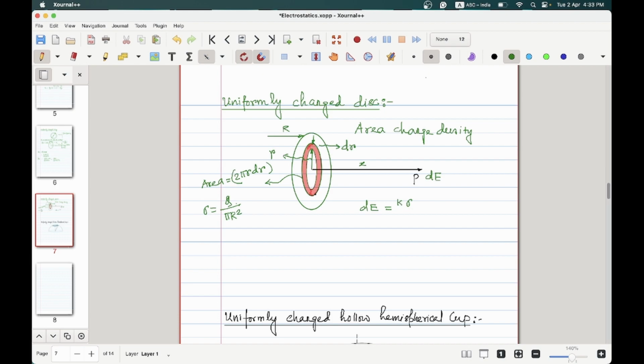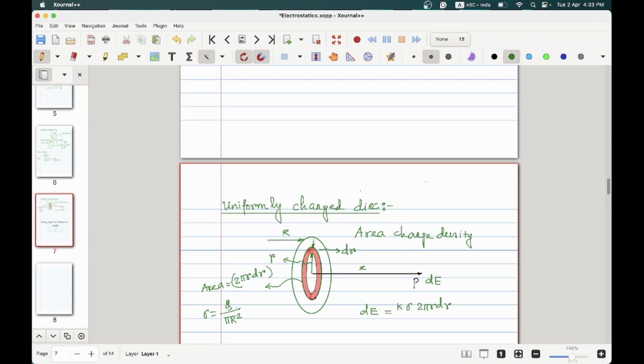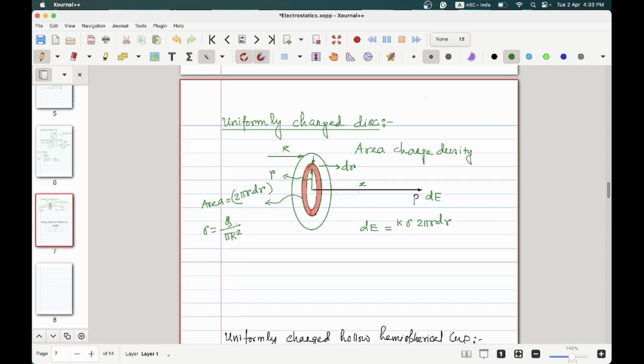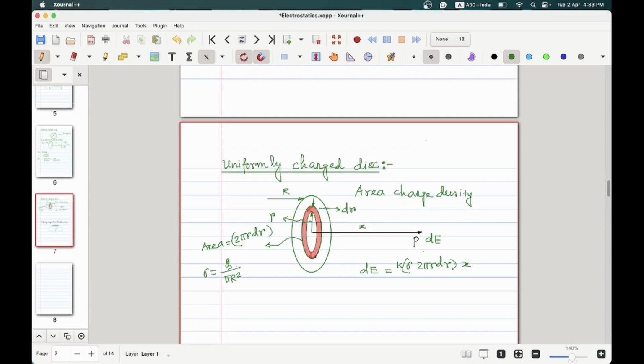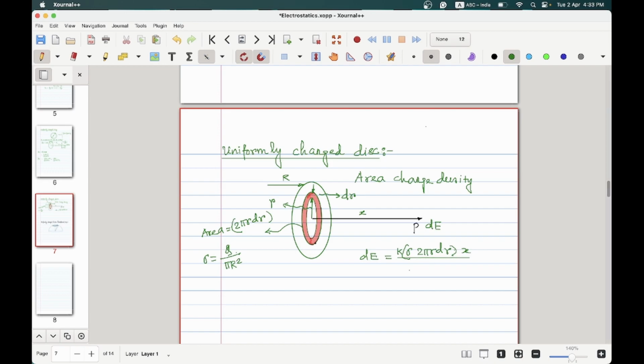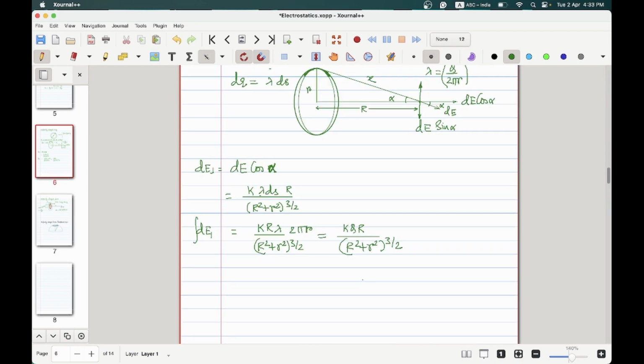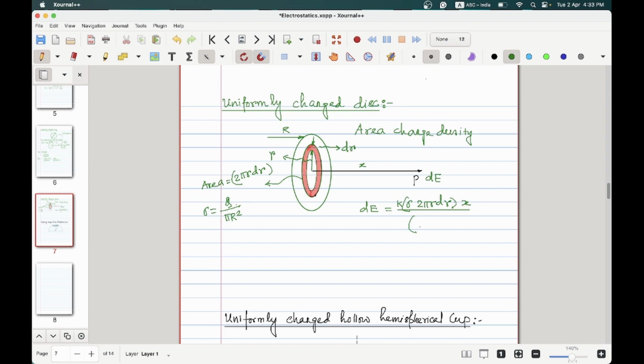So dE is basically k sigma 2 pi r dr. We are just using the expression kQR by capital R square, where r means x here. What is the capital R here? Capital R means x square plus small r square, that is the radius, whole to the power 3 by 2.